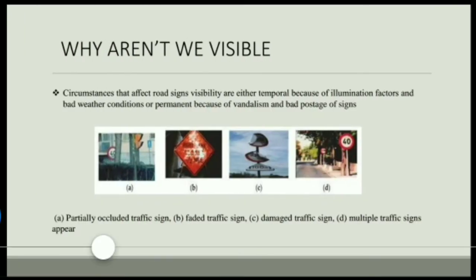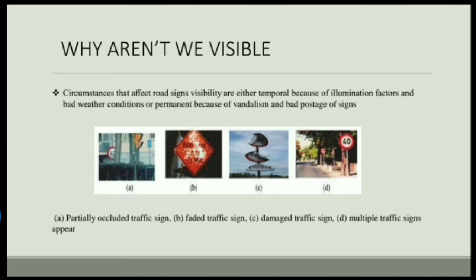So what is the basic problem? Why are traffic signs not visible? There are basically 2 reasons: one is temporary and the other is permanent. Temporary causes include an illusion of light, such as sunshine falling on the signboard, or dirt on it.